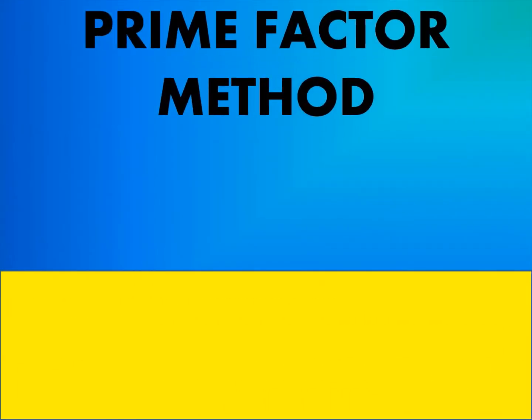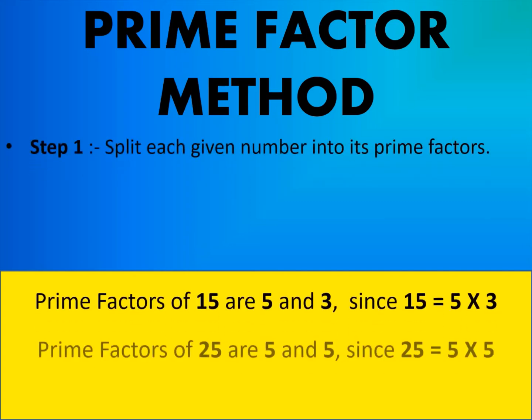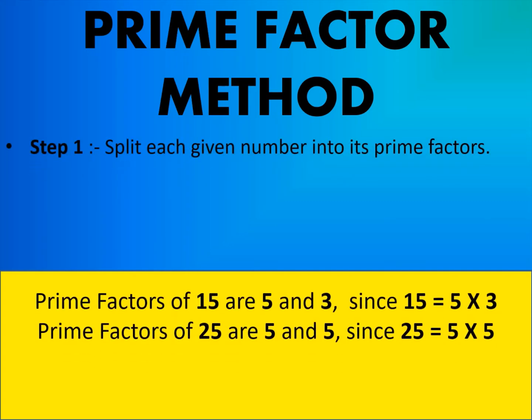Now let's know how to find the HCF of the given numbers by the prime factor method. Step 1. Split each given number into its prime factors as shown in the example below.